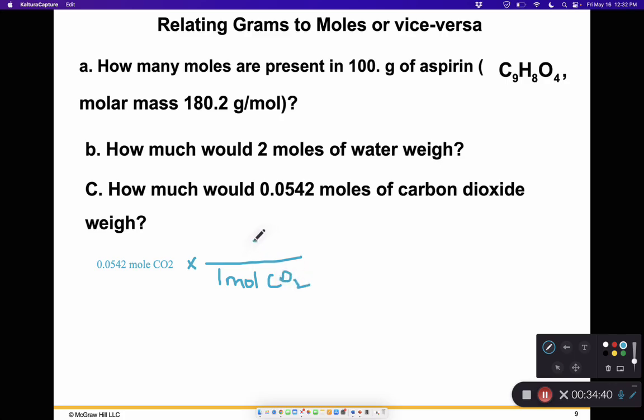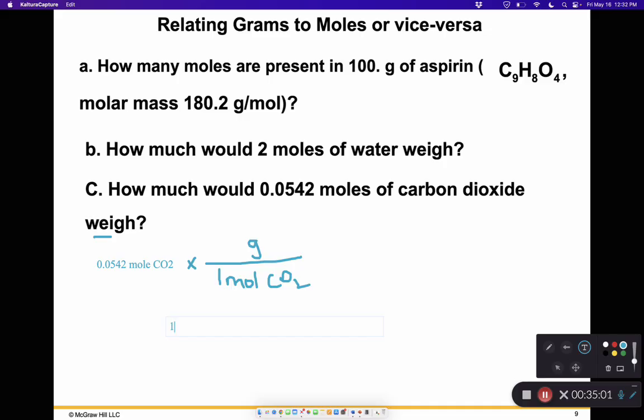Because the question is asking me how much that is weighing, right? So I need to get the grams. 1 mole of CO2 will weigh its molar mass. So I need to know the molar mass of CO2. If the question does not give it to me, I have to find that myself.